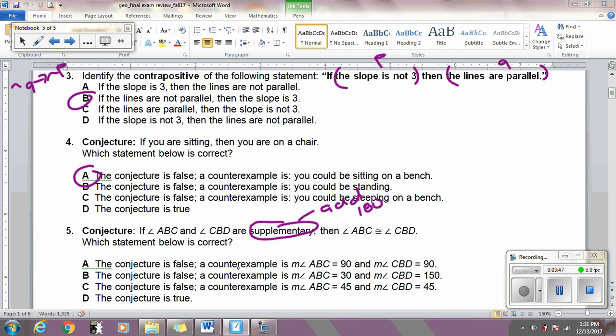So what the conjecture is trying to say is that two angles that add to 180 have to be congruent. They have to be the same. So what we would say is B, the conjecture is false, because ABC could be 30 and CBD could be 150. Together they add up to 180, but they're not the same. They're not congruent. So B would be correct on this problem.